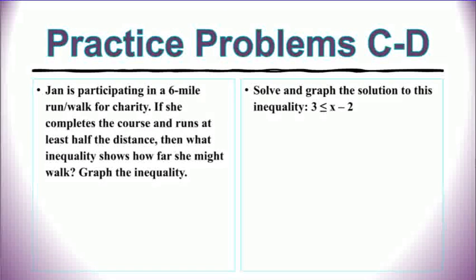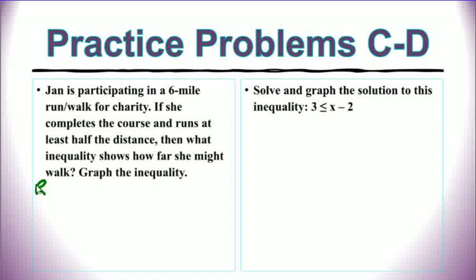Jan is participating in a 6-mile run walk for charity. If she completes the course and runs at least half the distance, then what inequality shows how far she might walk? Graph the inequality. So the second statement says if she completes the course and runs at least half.